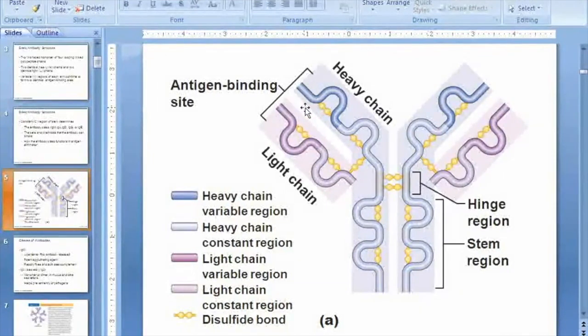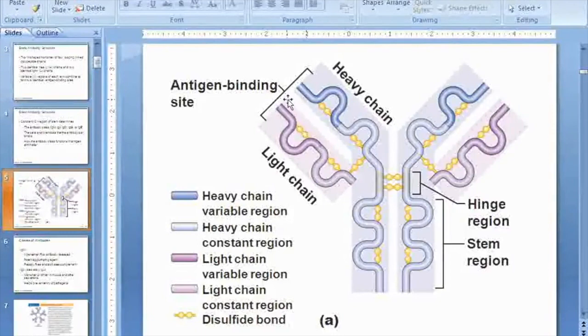Up here where the antigen binding site is, it's the variable region. And that doesn't mean in one antibody that it would vary. It means that the way different antibodies are different is by this part right here. That's why this antibody can bind to antigen A and the other one could bind to antigen B, because of this variable region.